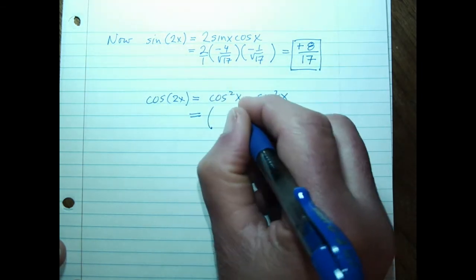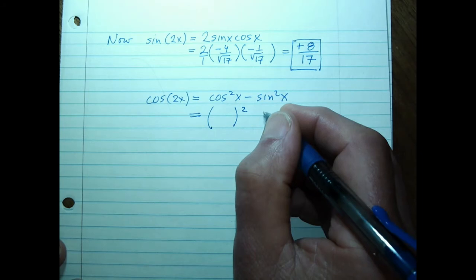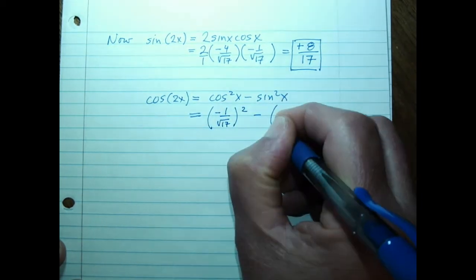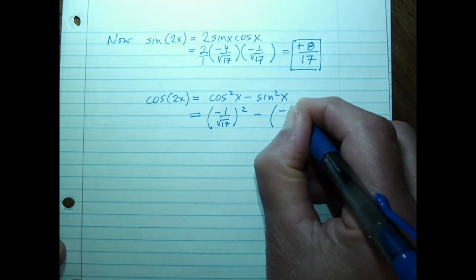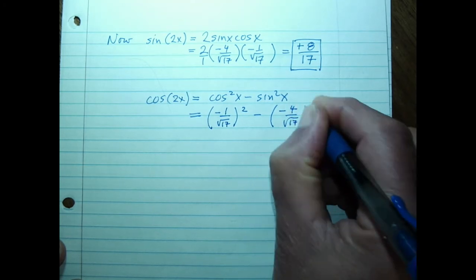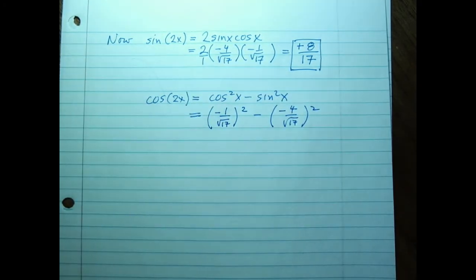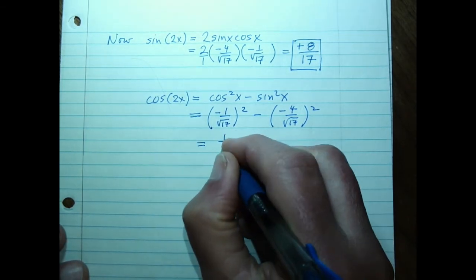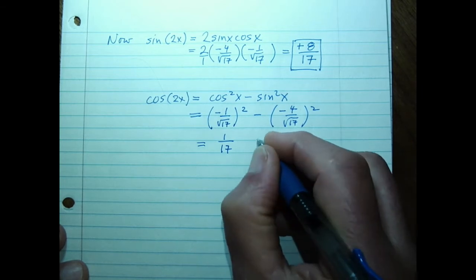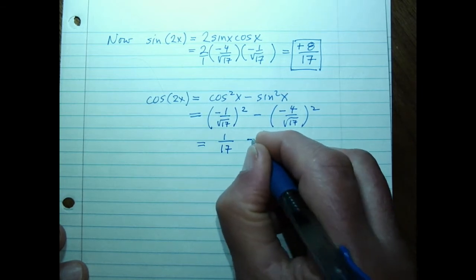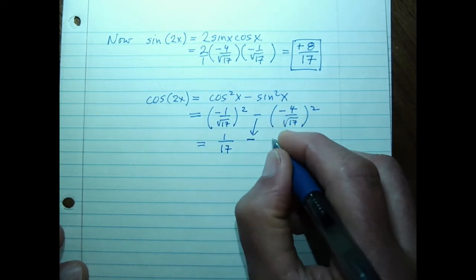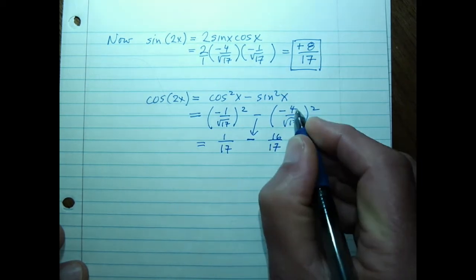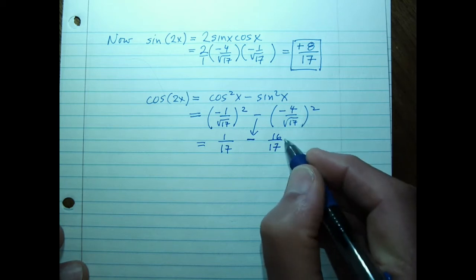So let's plug in here. The cosine value was negative 1 over the square root of 17 squared minus negative 4 over the square root of 17 squared. So I got a lot of minus signs to keep track of. When I square, I get 1/17 positive, minus, I still have minus in between, 16/17ths, because I got to square 4, which becomes 16.